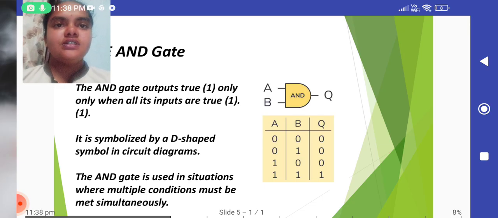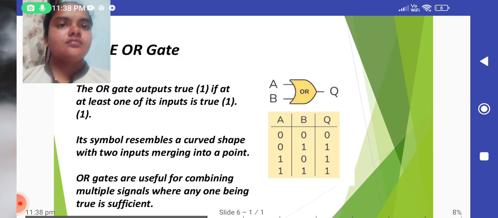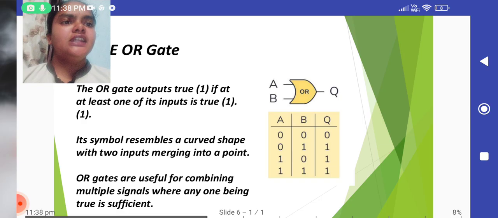Let us discuss another gate, that is the OR gate. The OR gate also has two inputs and produces a single output. The output is true if at least one input is true.